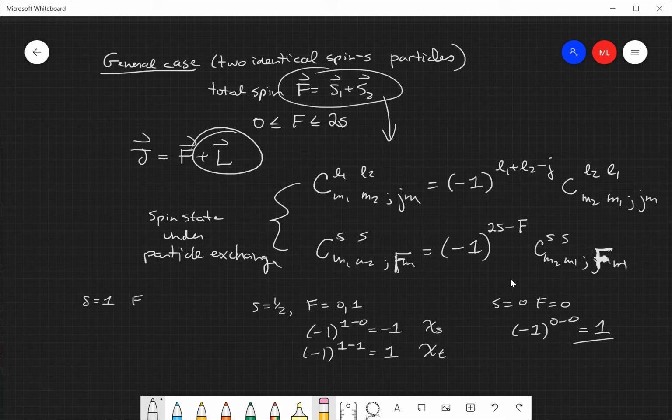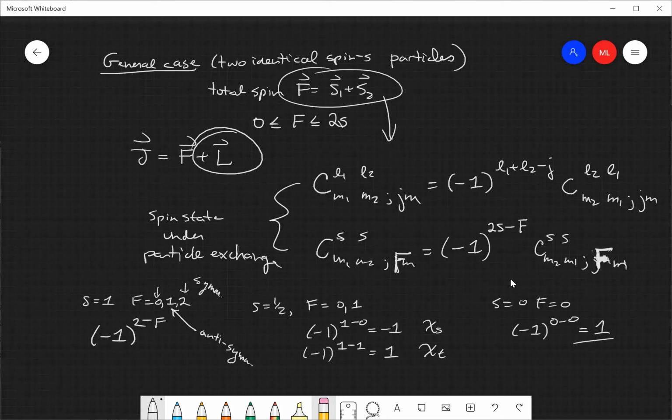F then ranges from 0 to 1 to 2. So see, it's not so obvious. Now it's (-1) to the 2 minus F, right? So for these two states, you have symmetric spin wave functions, but for this one, it'll be antisymmetric.